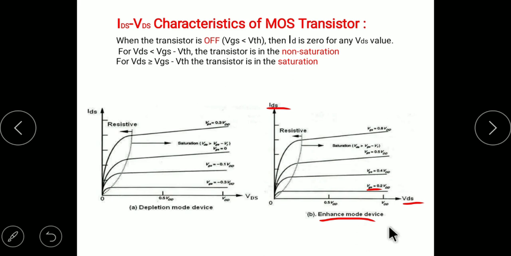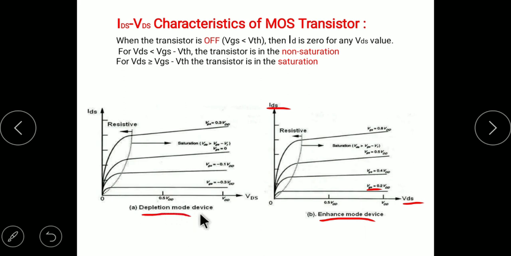Due to that, if you apply VDS, then electrons can flow from source to drain through the channel, hence the current IDS flows. That's why you have to apply positive gate voltage for the NMOS enhancement mode MOSFET.